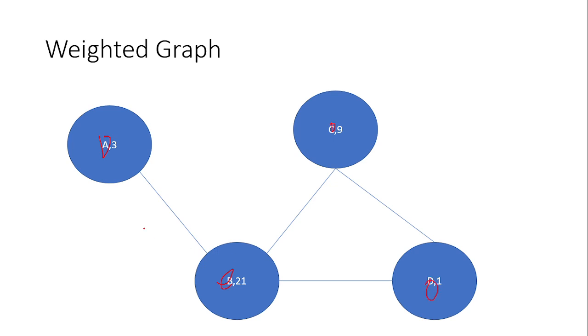As I told you previously, this person is connecting one, two, three. The degree is 3. Here the degree is 1, 2, 2. At the same time, the influence or the weight is 21. There's a weight. We can calculate how powerful you are, not only by the connections but also by the interactions.